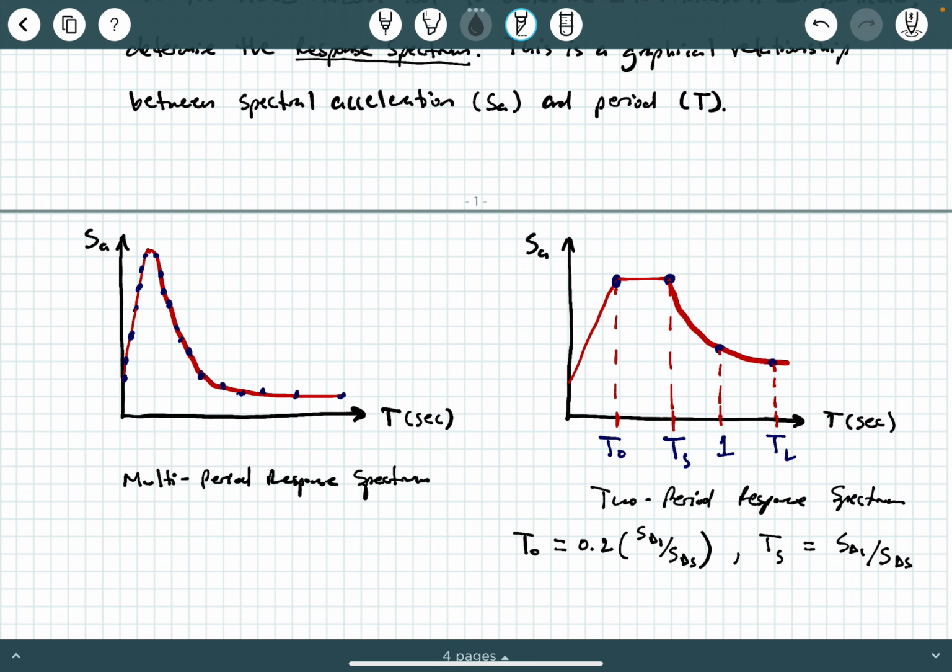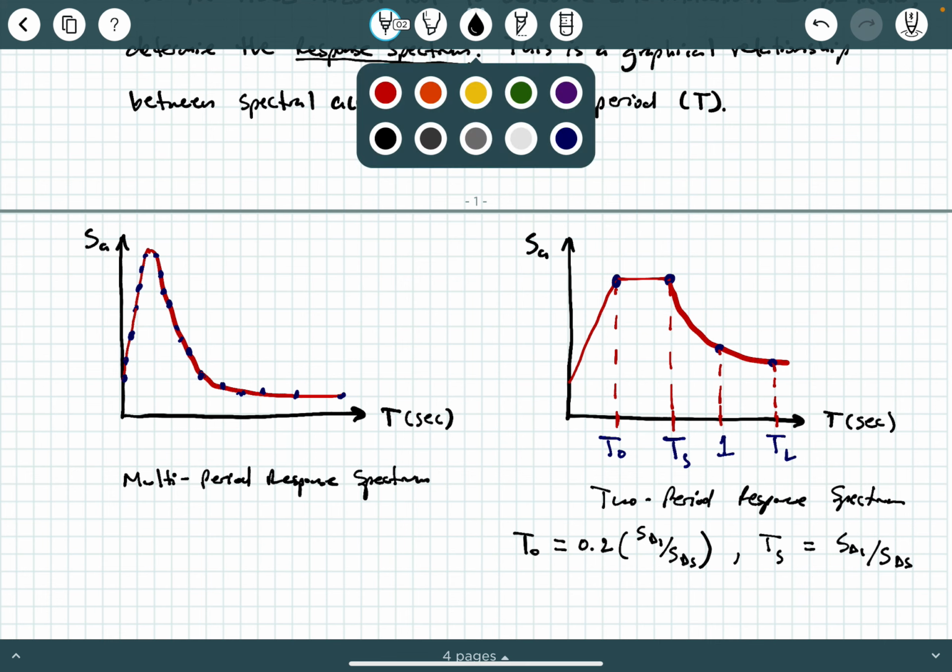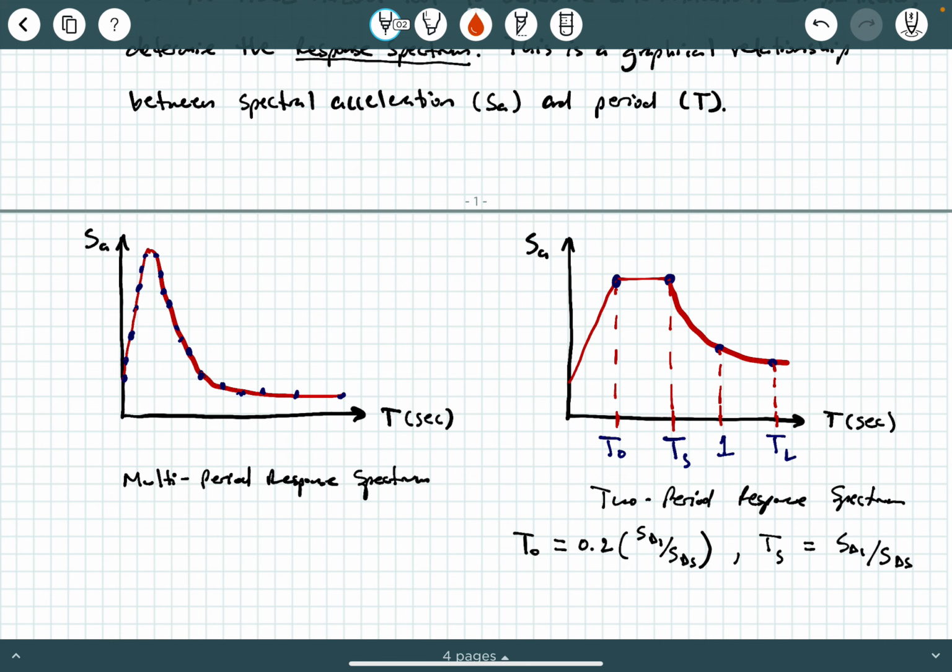So if you're in between a period of 0 and T naught, if you fall within this region right here, let me change colors here, you can calculate SA as, right where I have some more room, SA is equal to SDS times 0.4 plus 0.6 times T over T naught, okay?